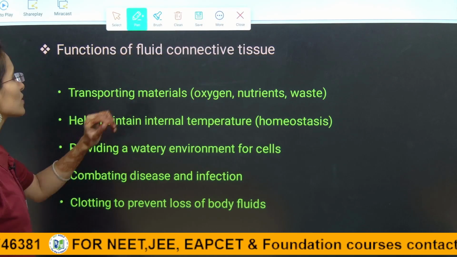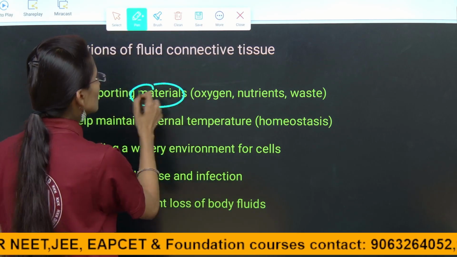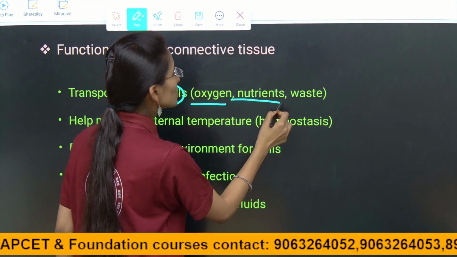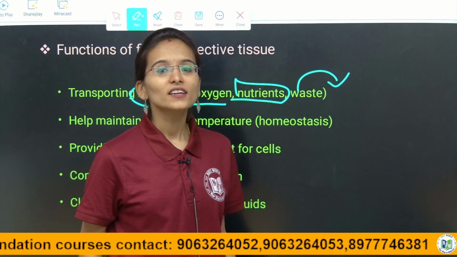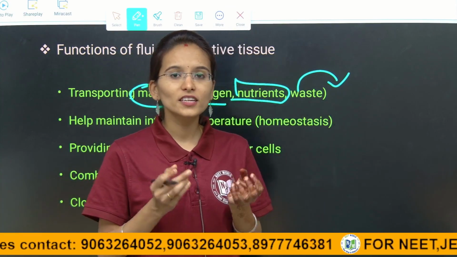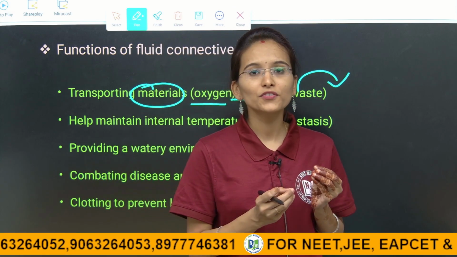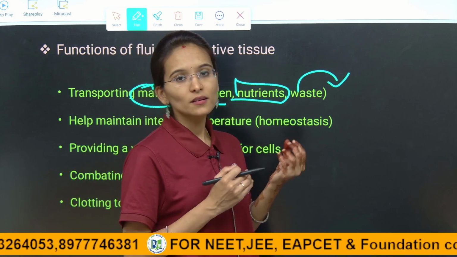See, the main function of the connective tissue is to transport materials. To transport which type of materials? Like oxygen, nutrients, and also to send the waste outside from the body. After we eat the food, after digestion it is absorbed, and the absorbed food is transported throughout the body with the help of the blood cells.